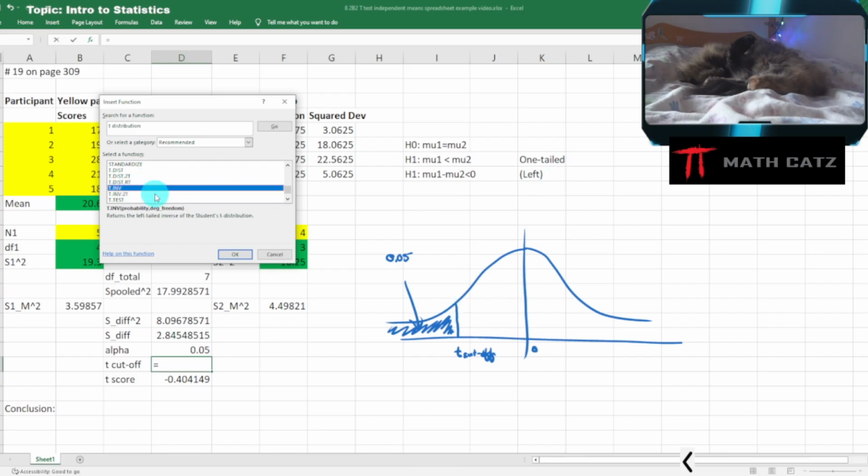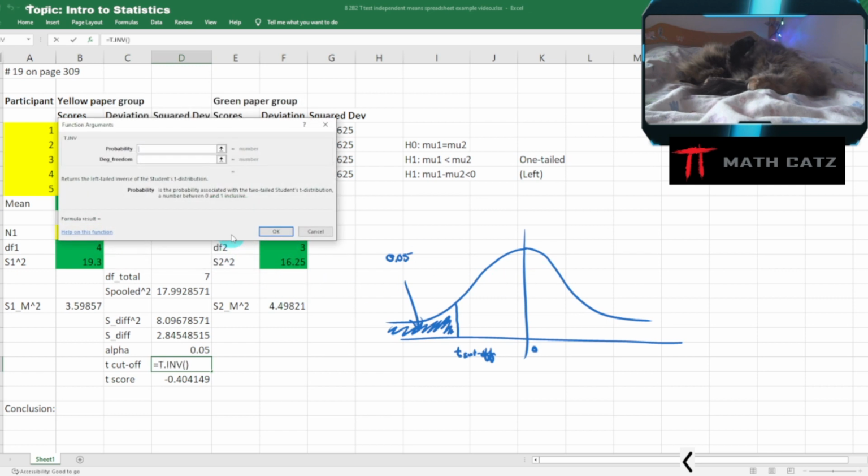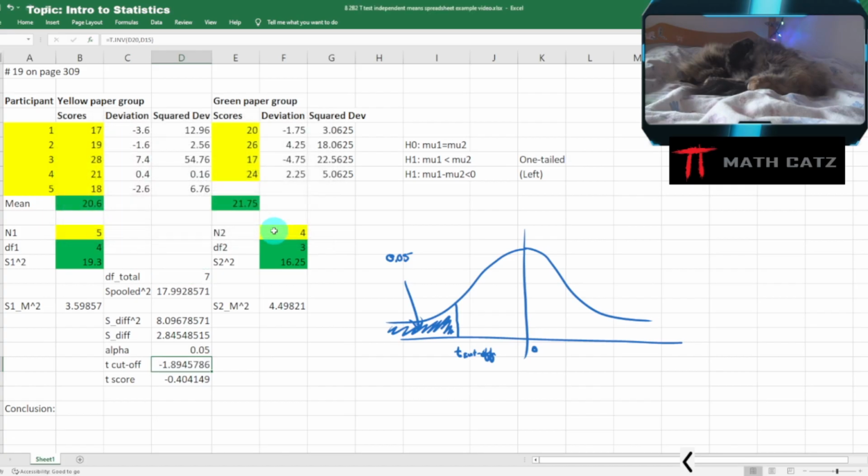So we're going to go t dot inverse. And it says there returns the left-tailed inverse of the t distribution. What is my probability? Well, it is alpha. My degrees of freedom is over here, total degrees of freedom. And we say OK. And that is our cutoff t score.